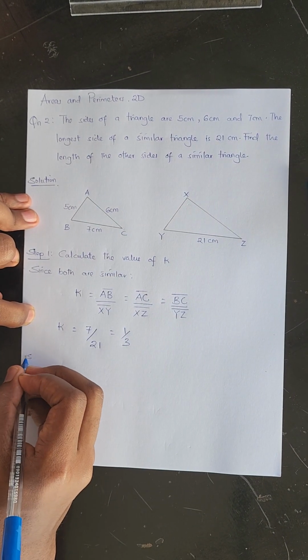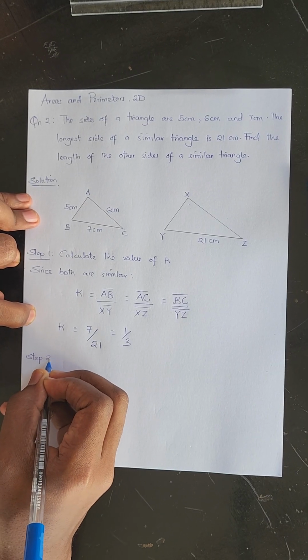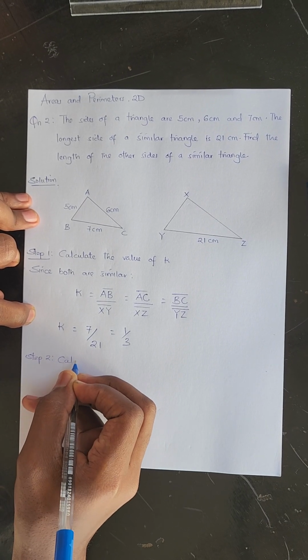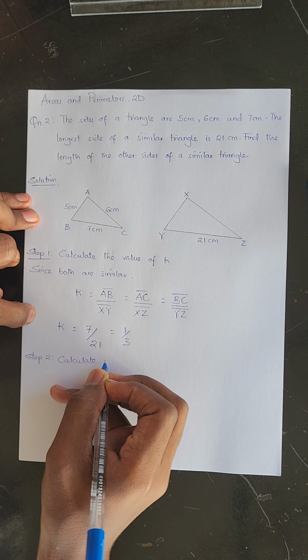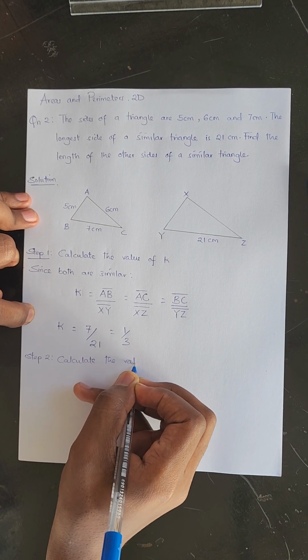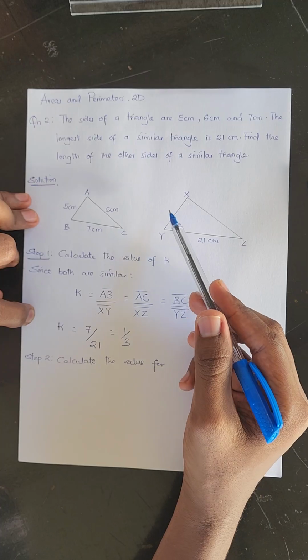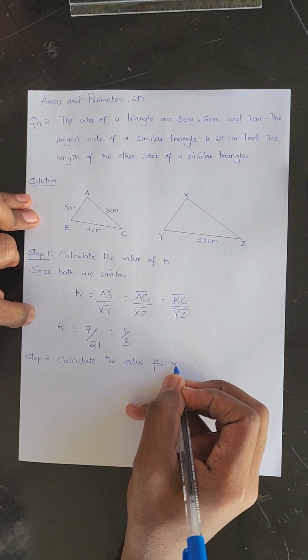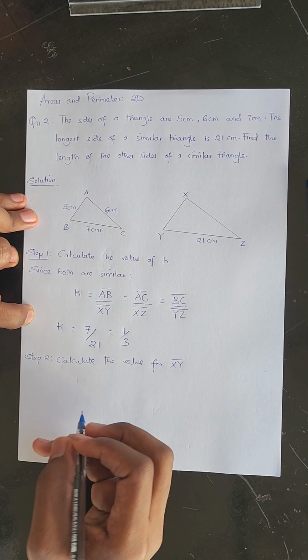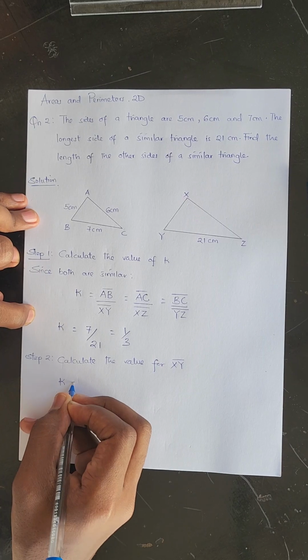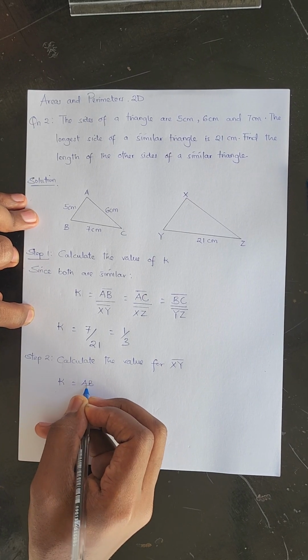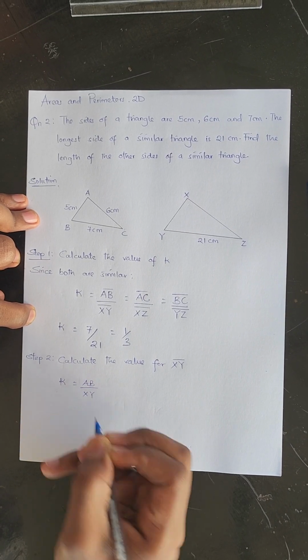So step 2, calculate the value for, let's start with the side XY. So K equals AB over XY.